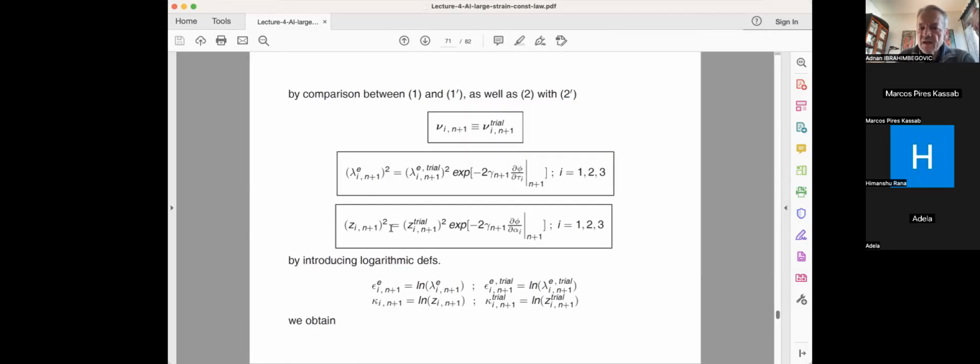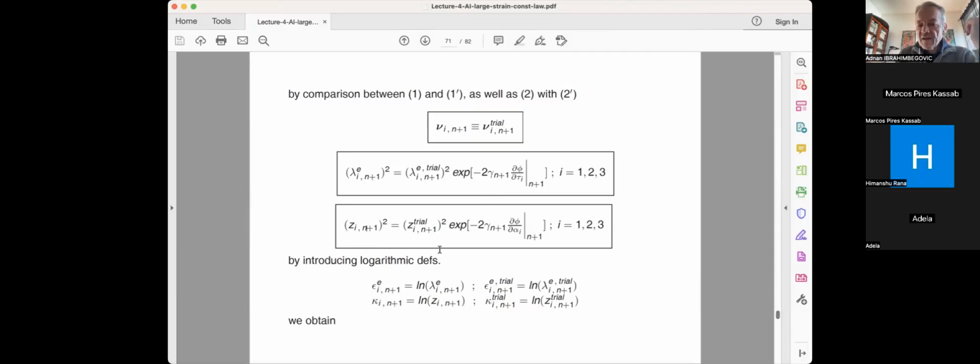And Z_I squared is equal to the trial value times exponential of 2 gamma n I d phi d alpha I. So here I have multiplicative update of the stretches from the trial value to the final value, and I also have multiplicative update of the principal values of the back strain from the trial value to the final value because of viscoplasticity or because of plasticity. If you want, the same thing applies; only gamma will be computed differently.